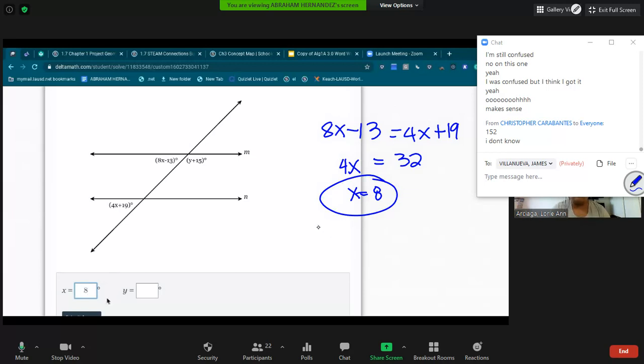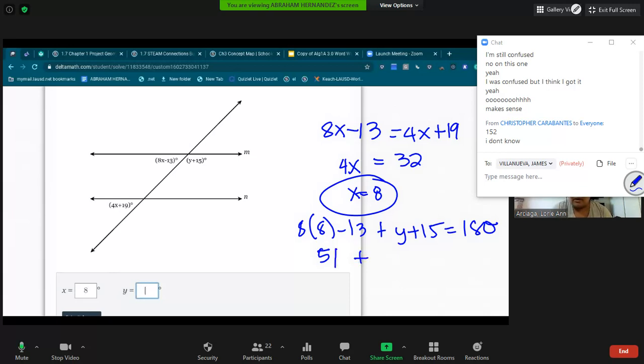Did you guys try 8? Okay, now if that's 8, we can substitute here. 8 times 8, that will become 64. So 8x minus 13, and then plus y plus 15, that has to be 180 because they form a linear pair. So 64 minus 13 will become 51, right?